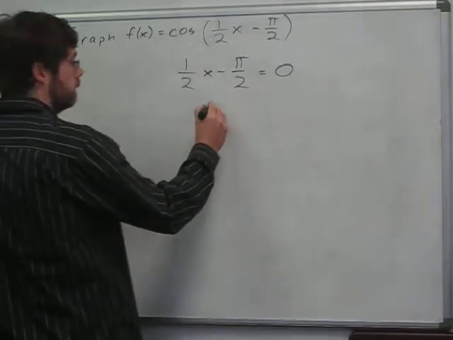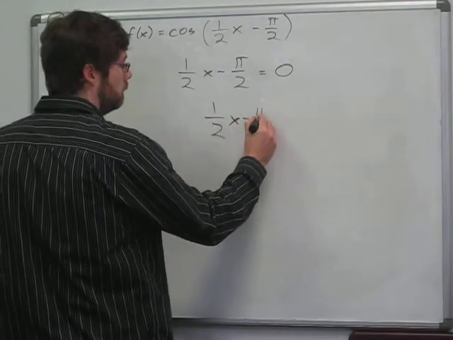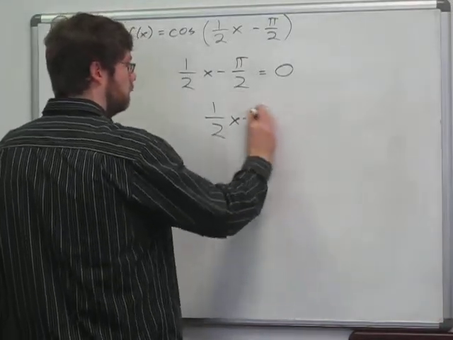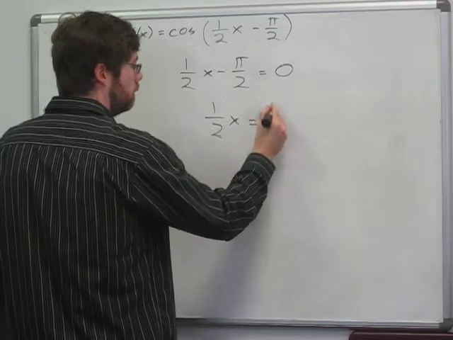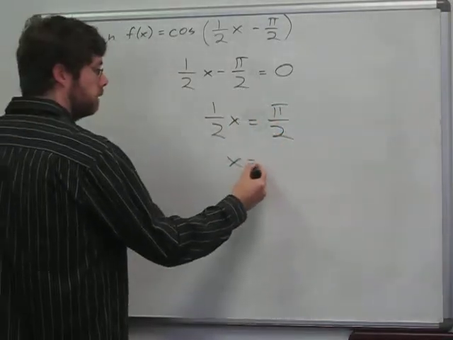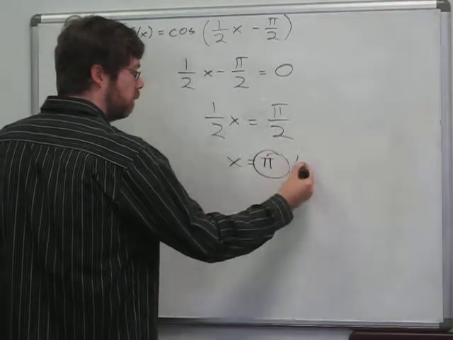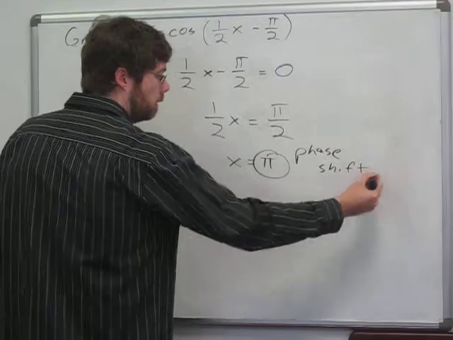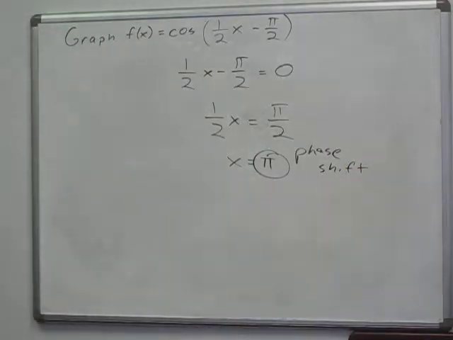So I'll add pi over 2 over, and then multiply both sides by 2 to get a phase shift of pi. Right, so my first cycle is going to start at pi.